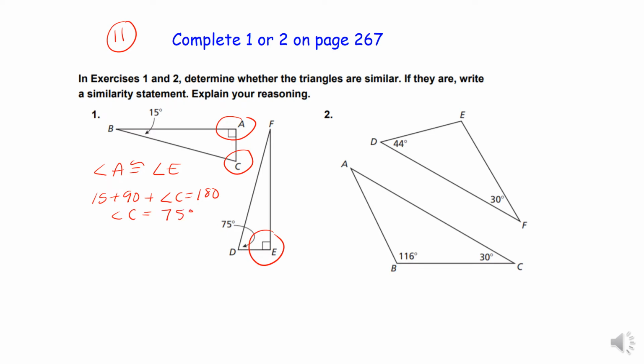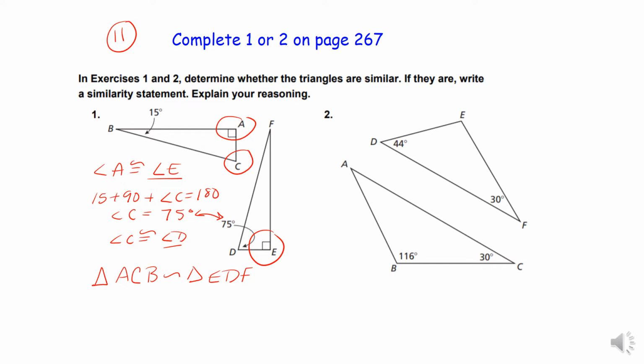Then I looked over here and saw that angle C is congruent to angle D, so I can write my similarity statement. ACB is similar to, and look at the ones that are corresponding, EDF. Now you could have gone ABC equals DEF, but you want to make sure that you've got them in the same position. Okay, so let's check these out.